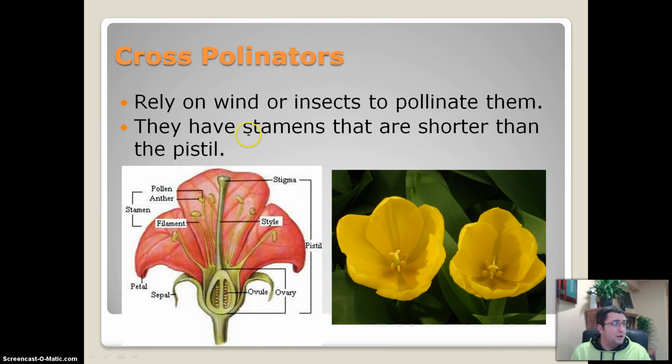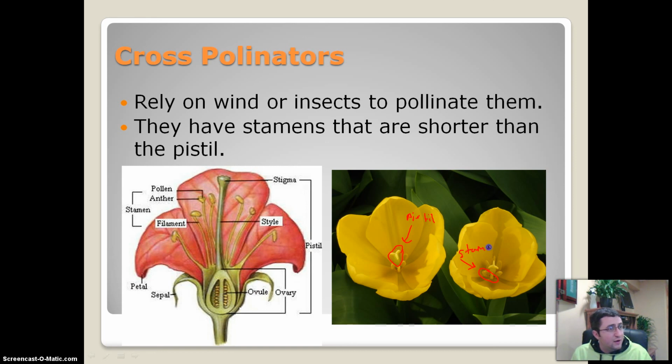So those are our cross-pollinators, the ones that rely on wind or insects to pollinate them, as well as certain types of animals. These will probably have a stamen that's shorter than the pistil. Right here, this cool-looking thing is the pistil of the flower. And these fluffy looking things right here are the stamens.